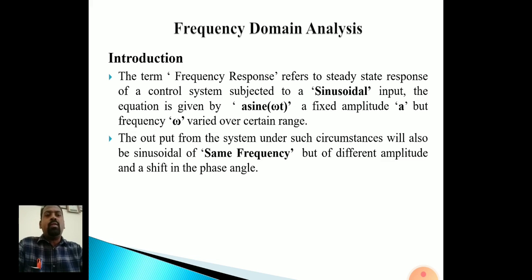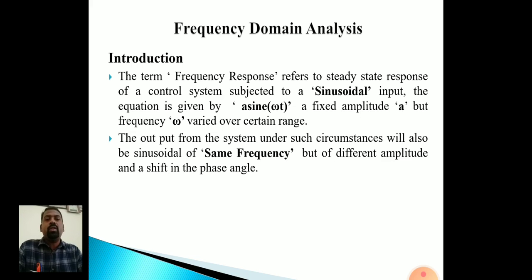Whatever input you give to the control system, it will generate some output. Here the input will be sinusoidal, so the output will also be sinusoidal, with some phase shift, that is phase angle. The output from the system under such circumstances will also be sinusoidal of the same frequency.